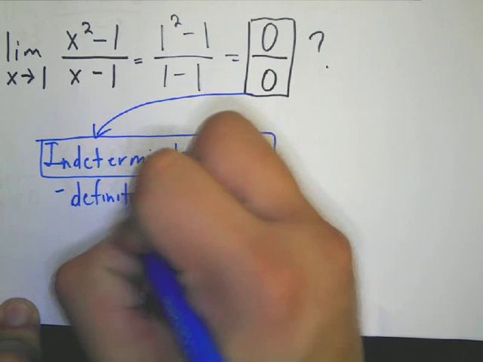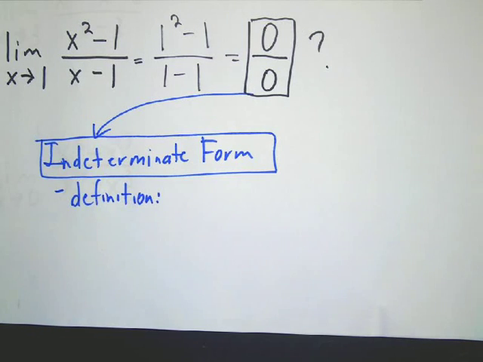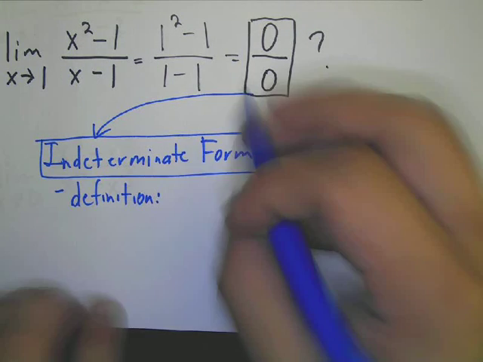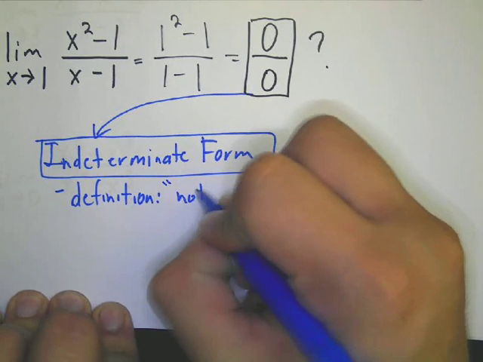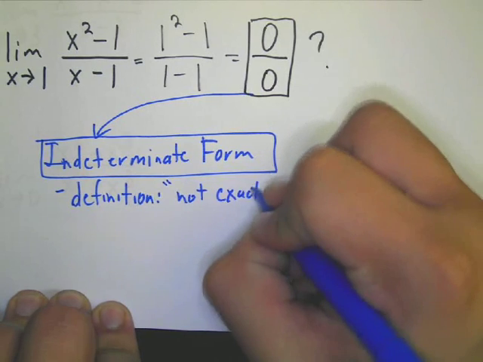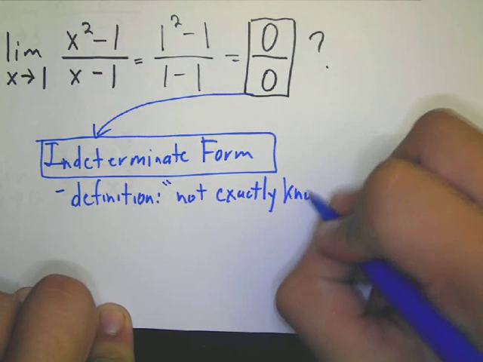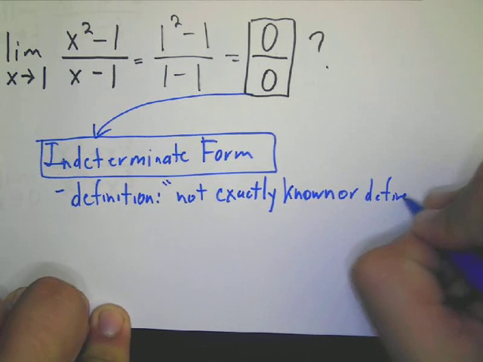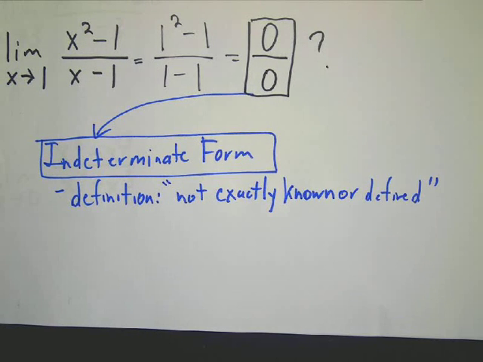So I went up and I looked up the definition of indeterminate, just as if I were to use the word in everyday language. What it said was not exactly known or defined. So indeterminate means not exactly known or defined. For instance, your grade at the end of the 6 weeks.